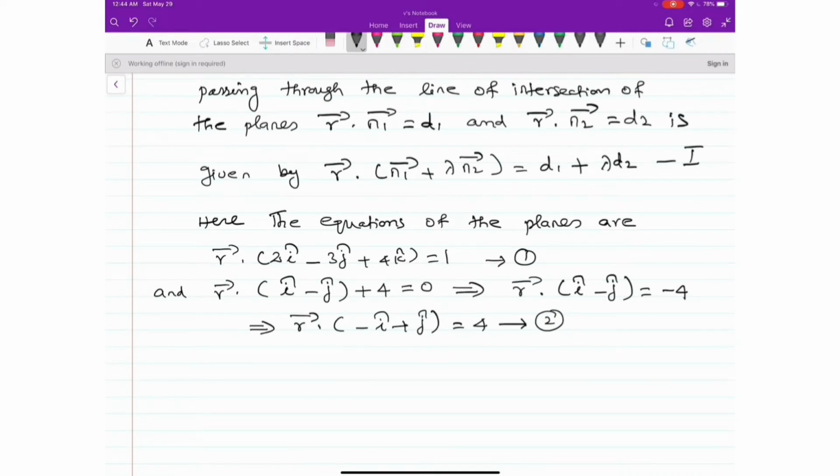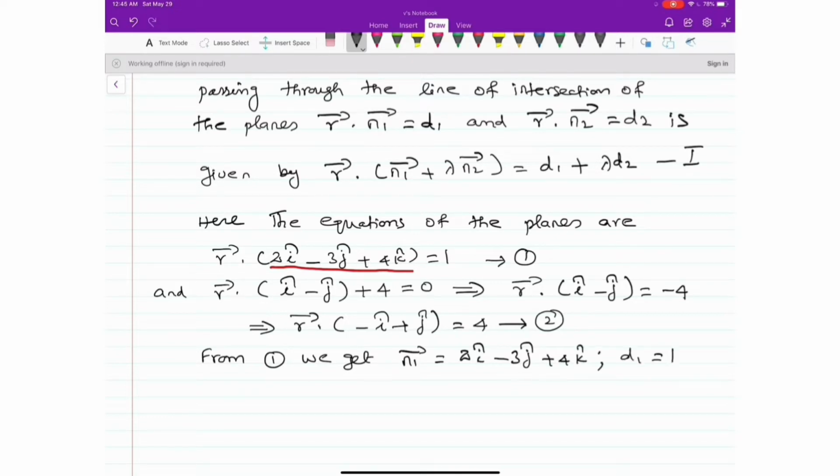Okay. From 1 we get n1 vector is equal to 2i cap minus 3j cap plus 4k cap, and d1 is equal to 1.